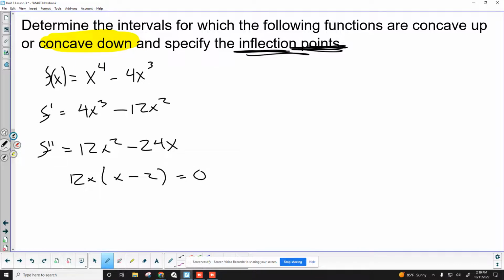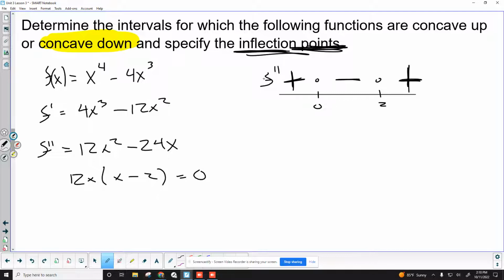We get 2 zeros. We do not call these critical points. They are the possible sign change locations of a second derivative. They're at 0 and 2. We do a sign analysis of our second derivative.